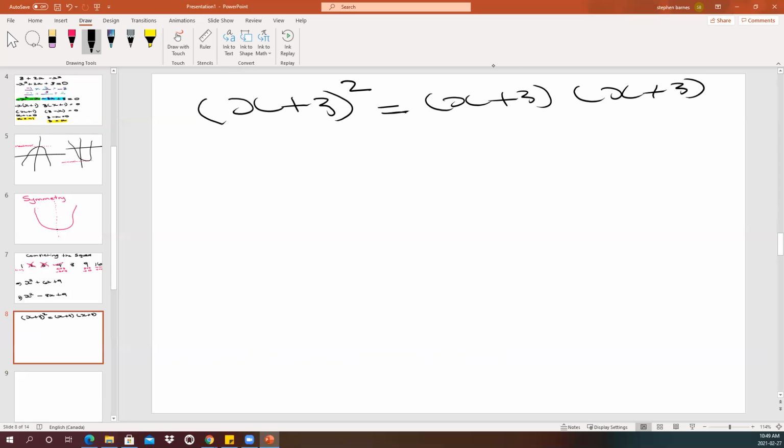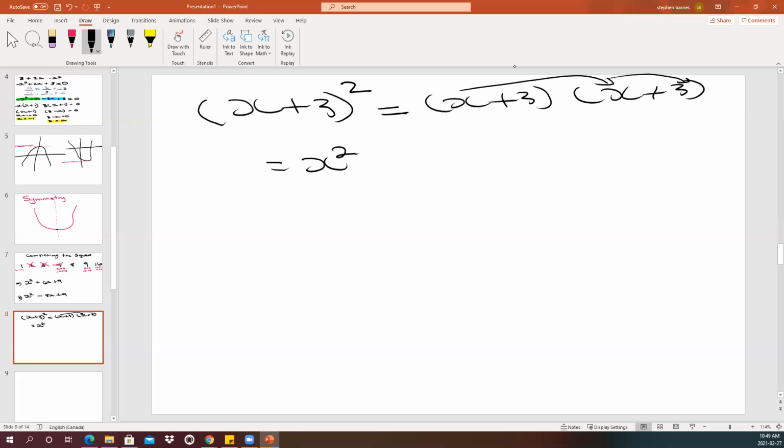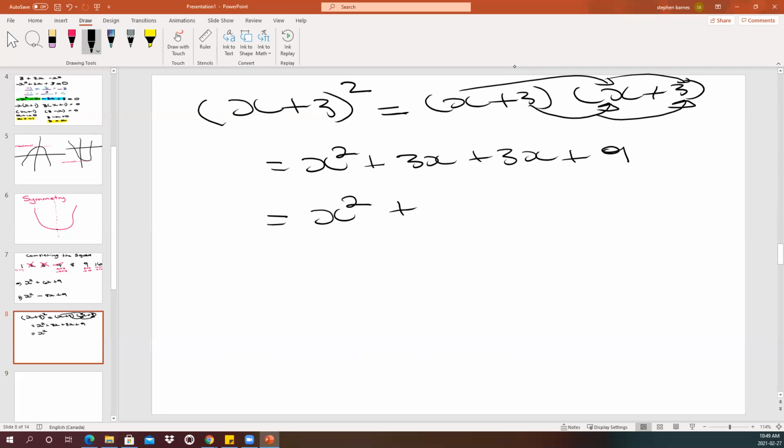Now do the regular thing: x times x is x squared, x times 3 is positive 3x, 3 times x is positive 3x, and 3 times 3 is 9. Simplify: x squared plus 6x plus 9.